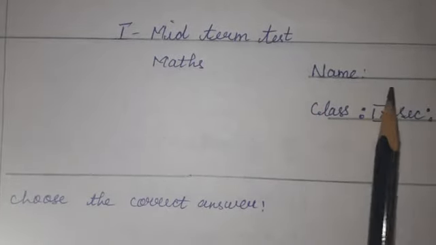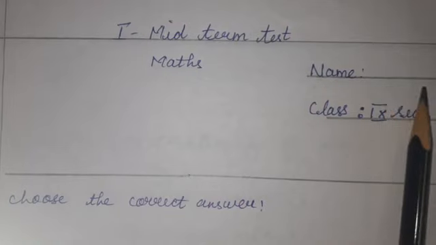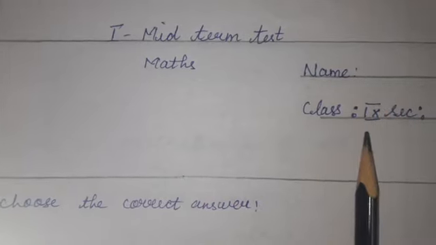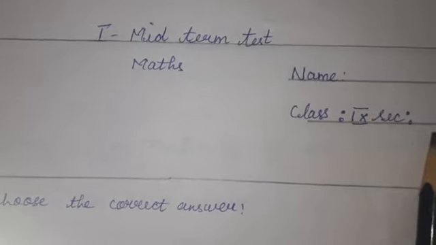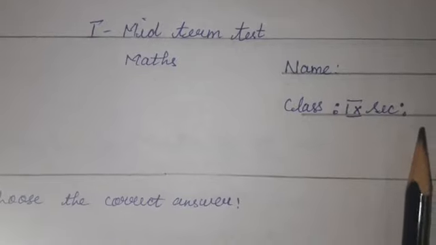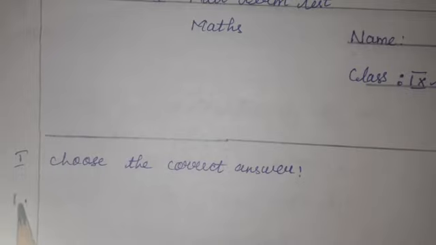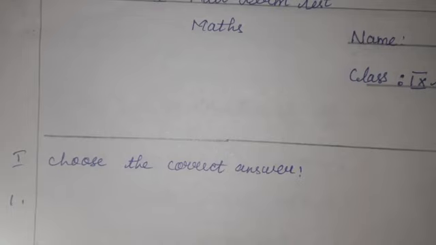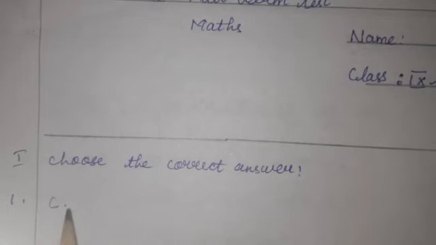Your name should be written correctly and neatly. Then class, 9th standard. Section, you should write correctly. Next, for choose the correct answer, suppose your answer is option C, then you should write C. Then whatever answer is given in C, you write that answer also. Option name and that answer.